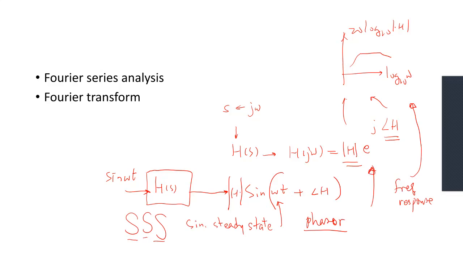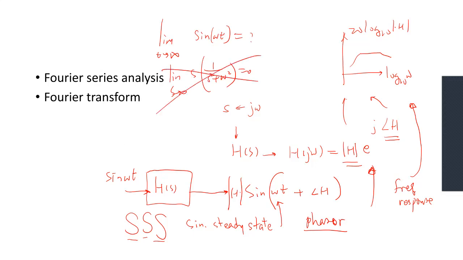Last time I told you that you don't want to do something like this: sine omega t. When you apply the final value theorem, when t goes to infinity, what is this? If you say this is s square plus omega square, then you apply the final value theorem, multiply by s, send s to 0, you get 0. Then this is wrong, right?